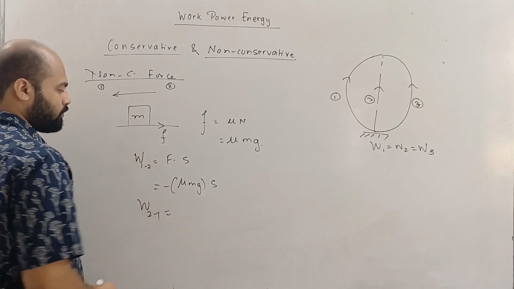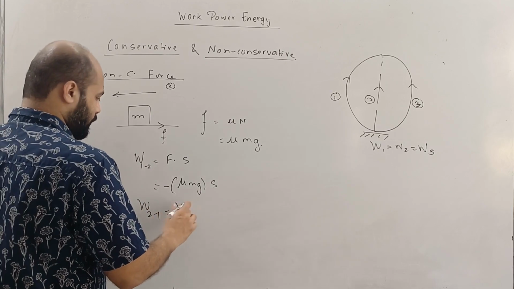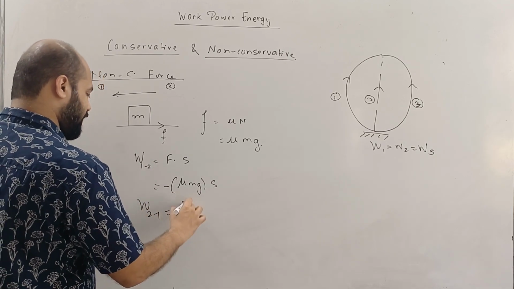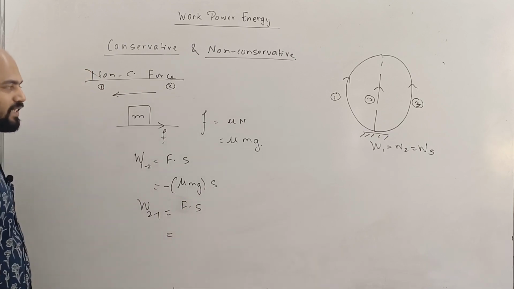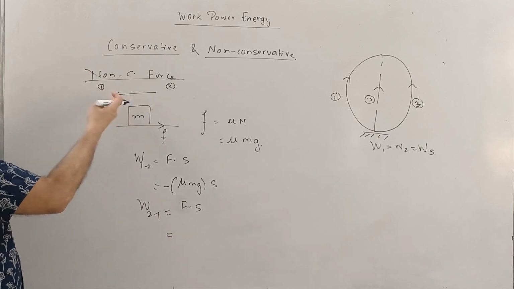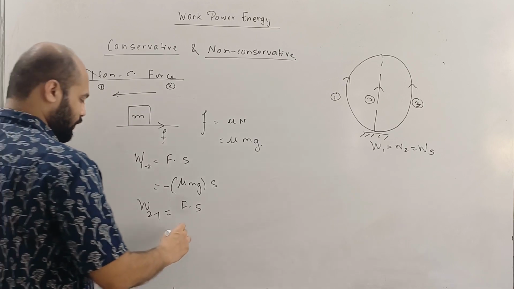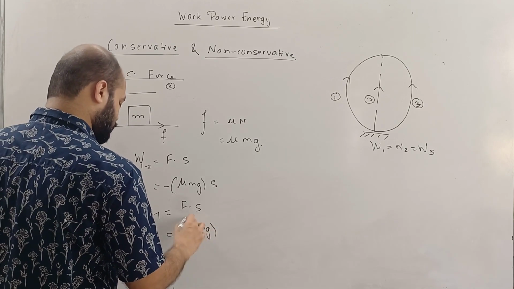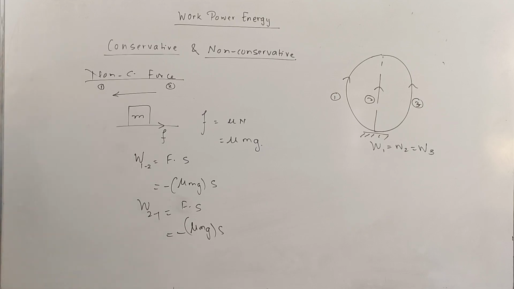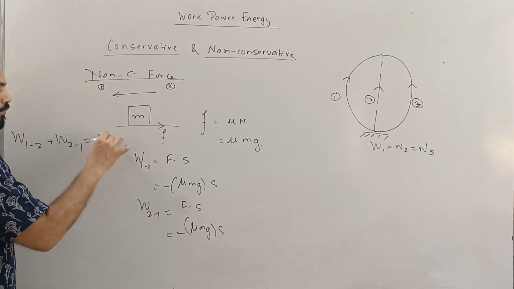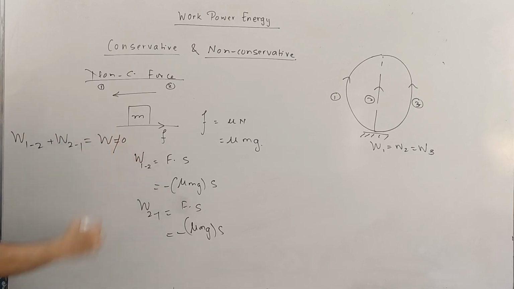Work done from 2 to 1, if you see, is going to be F into S again. But this time around, the friction force and the displacement are both in the opposite direction. So again I would be able to write minus mu mg into S as the work done. So in either case, the work done is going to stay the same. That means if I sum up this work plus this work, there is some work being done which is not equal to 0.